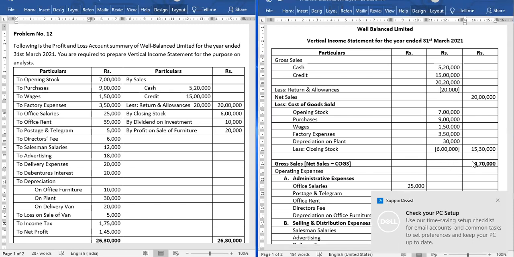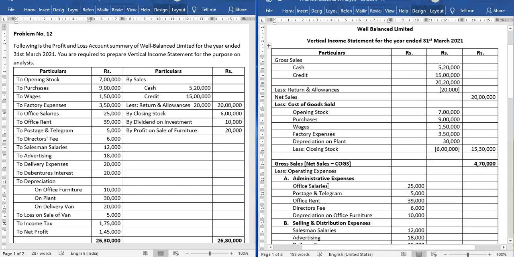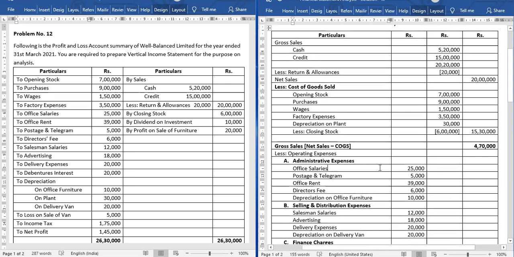After this, less operating expenses. Then in operating expenses, the first one is administrative expenses. Add admin: 25,000, 5,000, 39,000 plus 6,000 plus 10,000 is equal to 85,000. Yes, 85,000.